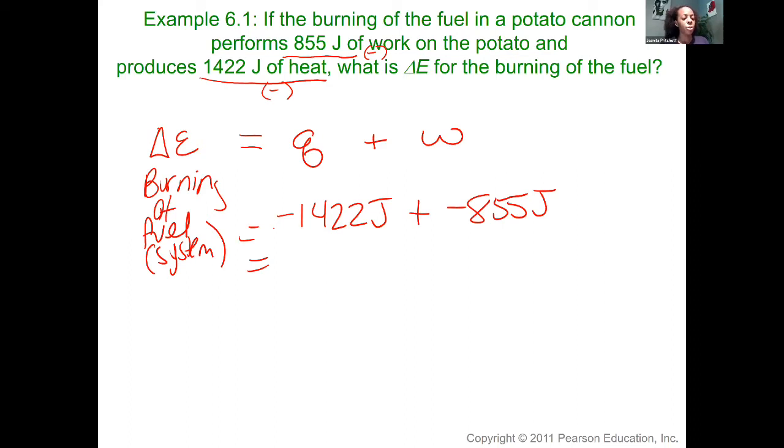So when we do that, we end up with negative 2277 joules that ultimately was lost or released during this process. Okay, check your answers.